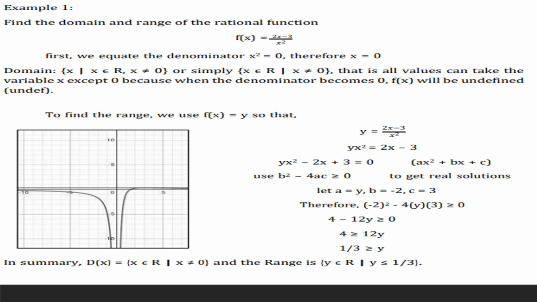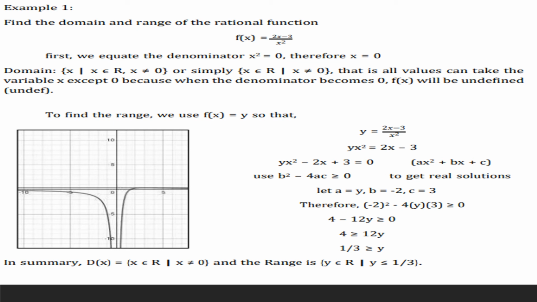So to find the range, we use f of x equals y so that y equals 2x minus 3 all over x squared. So cross multiplication, yx squared is equal to 2x minus 3. So yx squared minus 2x plus 3 equals 0. So ax squared plus bx plus c to get our real solutions. So use b squared minus 4ac is greater than or equal to 0. So let a is equal to y. So ito yun, di ba? Ax squared minus bx plus c.